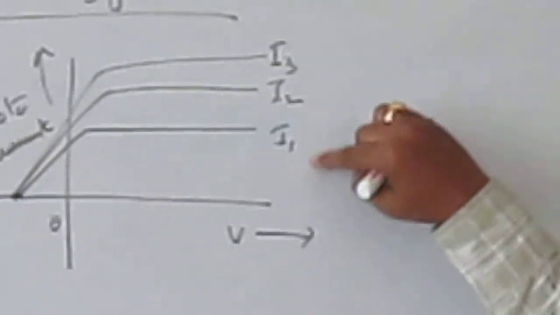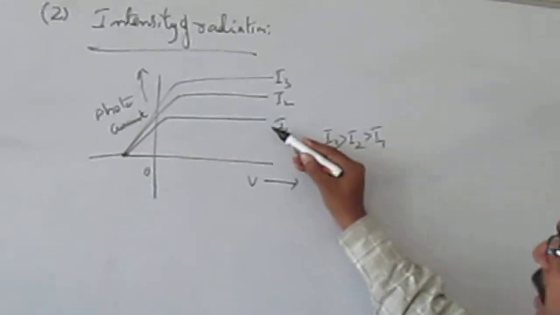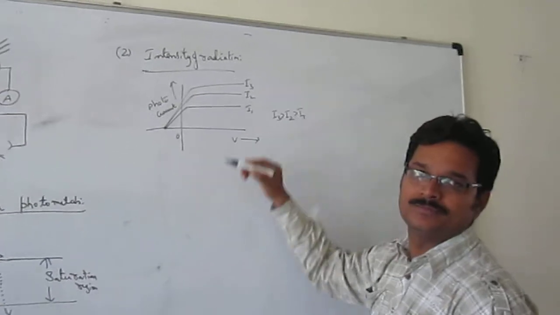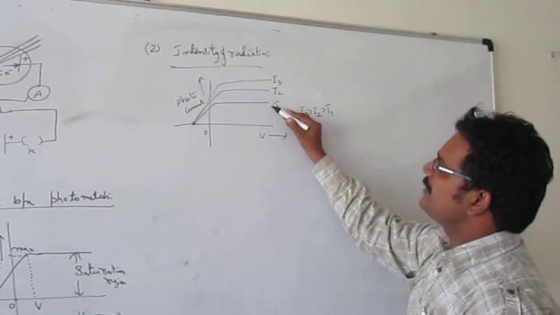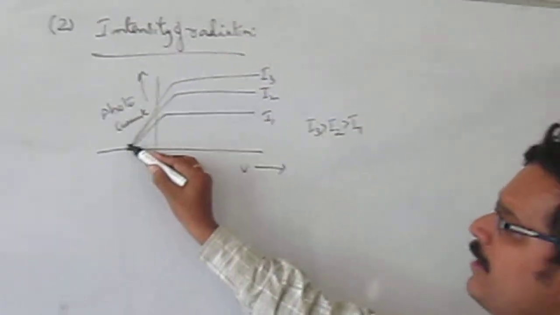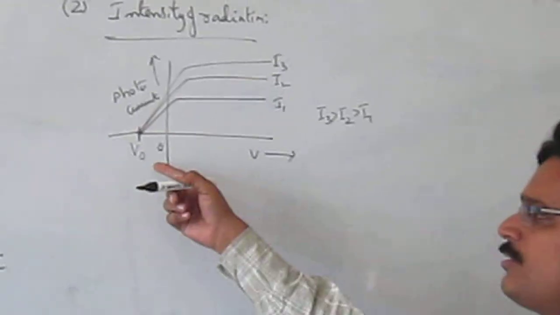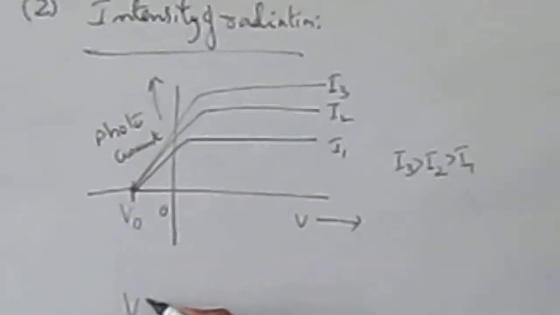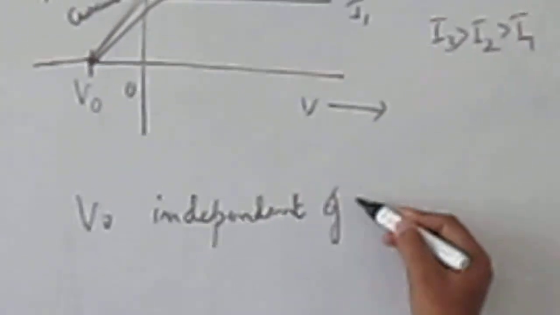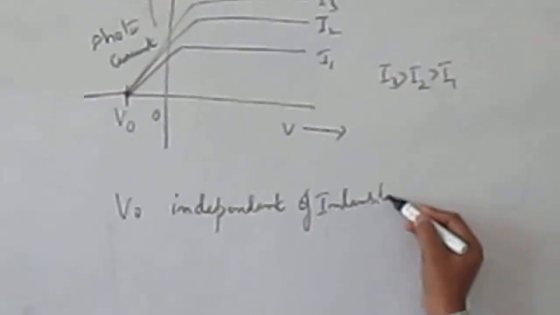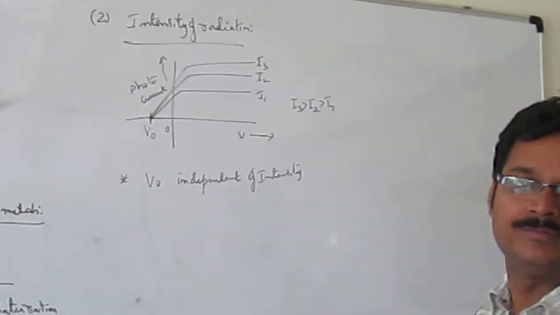What they observed is that at each intensity it follows the same nature, like this. But as the intensities increase, all the curves concentrate at one point, which is the negative potential, also called the stopping potential. It says that the stopping potential is independent of intensity. This is the main information you can find using this graph.